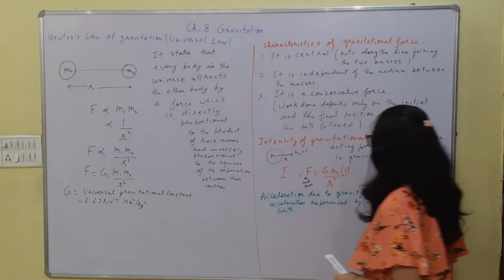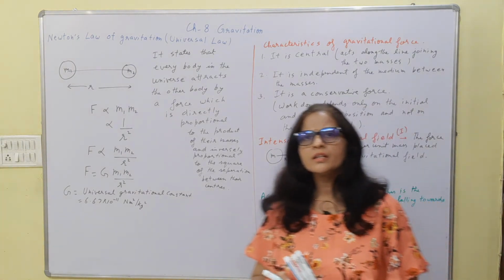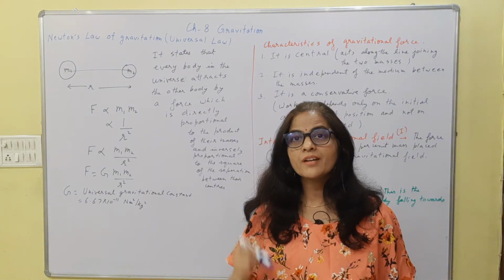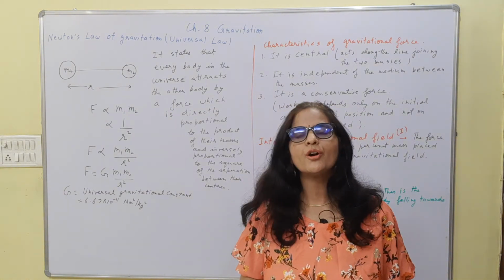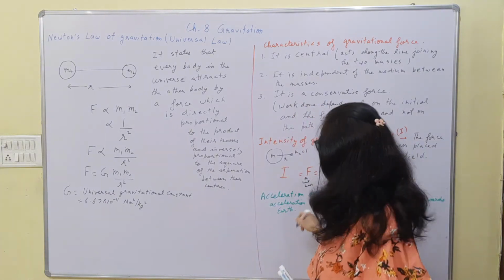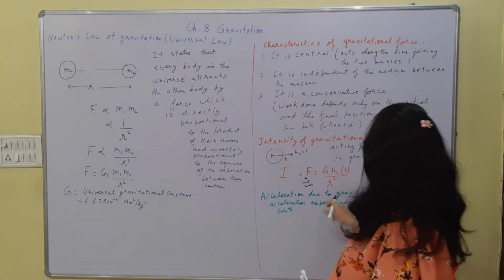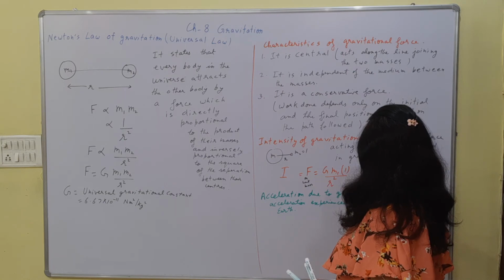And you also know the difference between gravity and gravitational force. The gravitational force of Earth is called gravity, right? So we'll mention it at the last. So first of all, this is acceleration due to gravity.